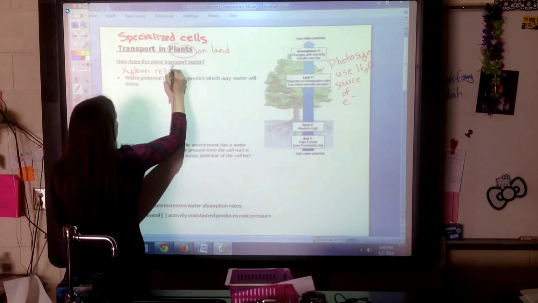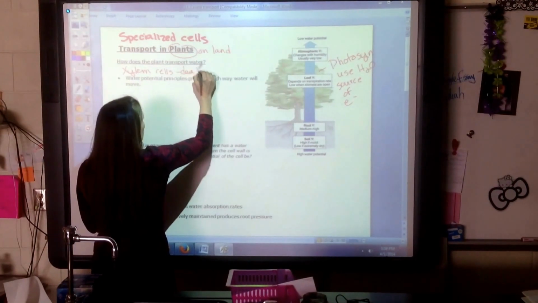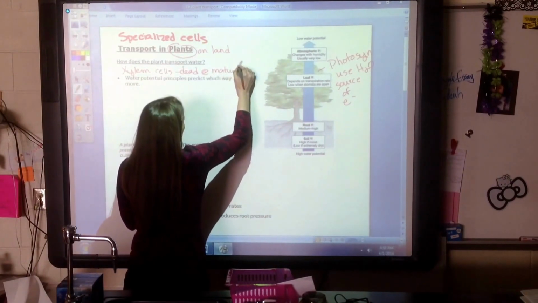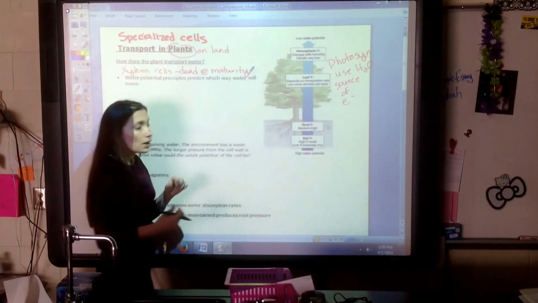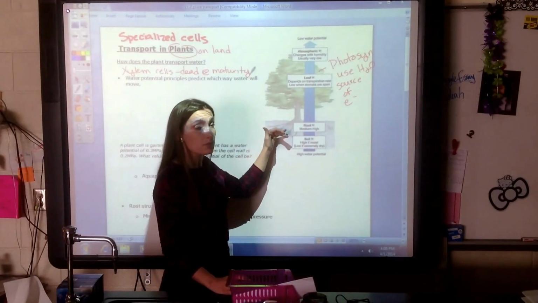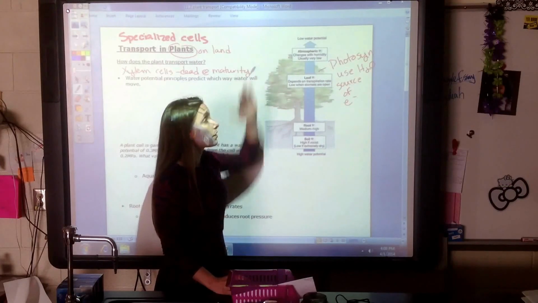Xylem cells are dead at maturity, but they are connected to be able to transport water from the roots up into the leaves.